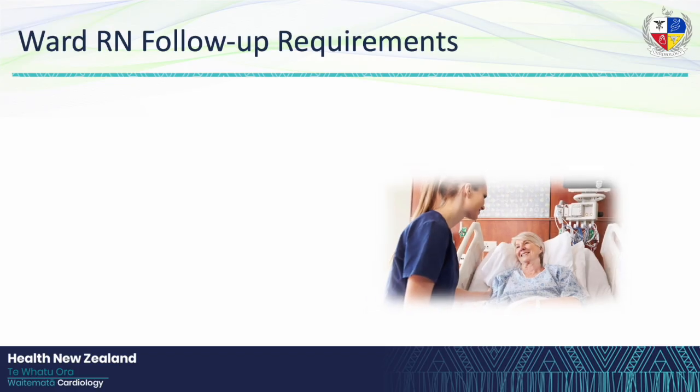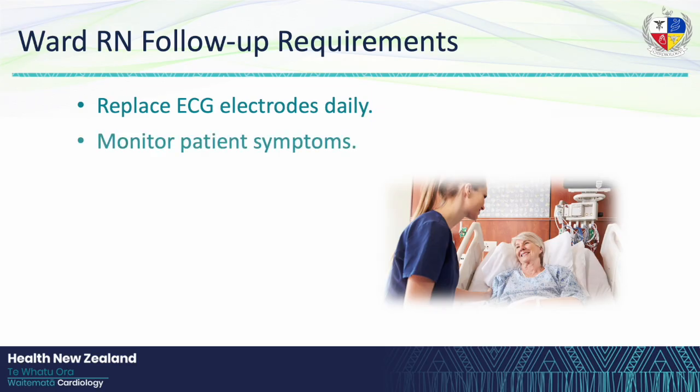Ward nurses are responsible for ongoing monitoring of patients on cardiac rhythm monitoring. They replace ECG electrodes daily to maintain accurate readings and remind patients to report any symptoms such as chest pain or palpitations, and report these to the telemetry nurse.